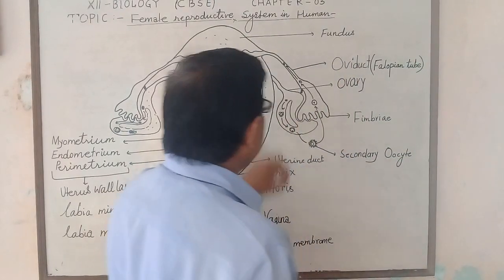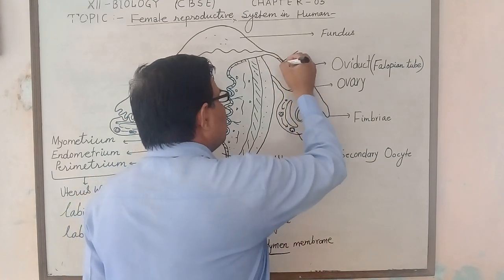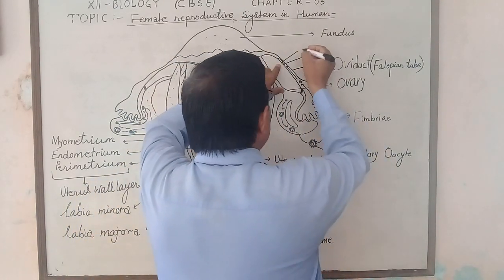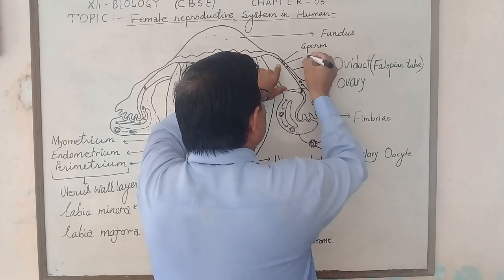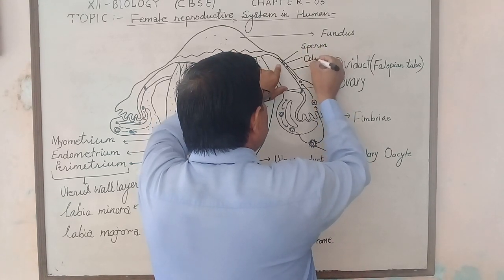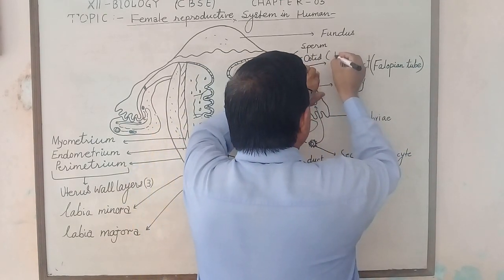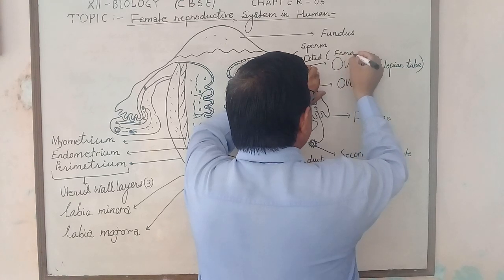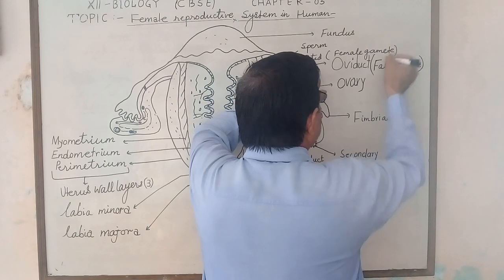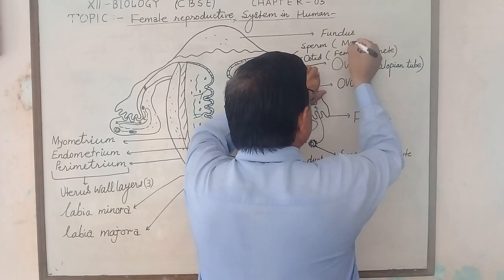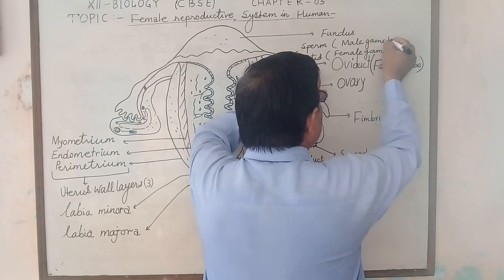If the sperm reaches the fallopian tube, it fuses with the ovum. The ovum is considered the female gamete and the sperm the male gamete.